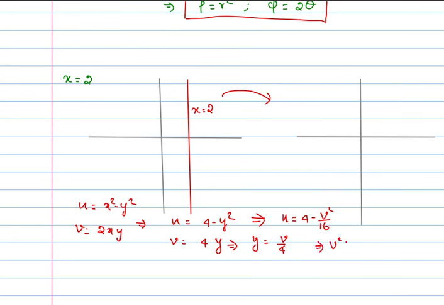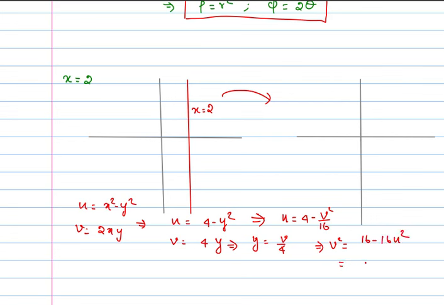So v square equal to 16 times 4 minus u, that is, 16 multiplied through, minus 16 times u.